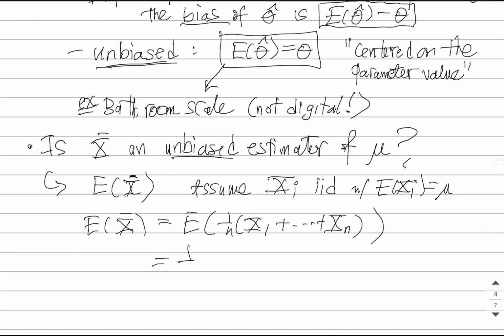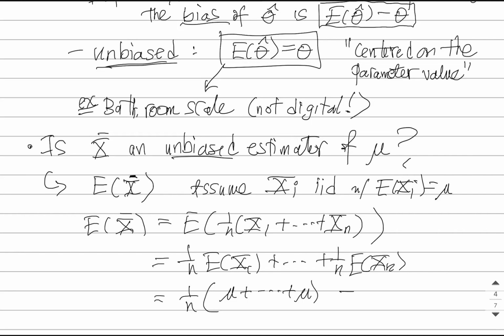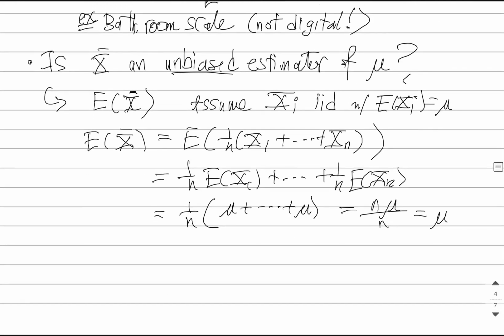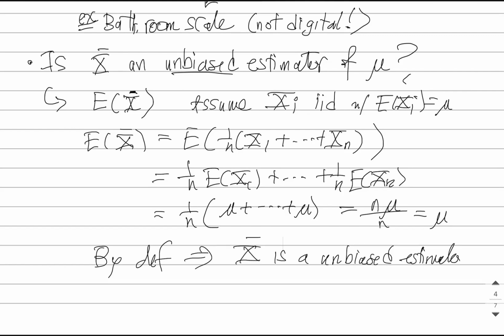If we do the work, using the properties of expectation, we find no surprise that there's a common factor of 1 over n out front, and we get n mu over n, which just ends up giving us mu. So by definition, we can say that the sample average is an unbiased estimator of the population average mu.